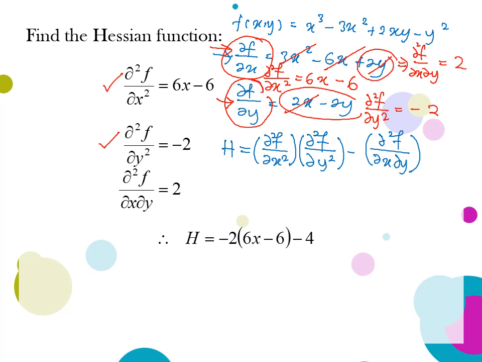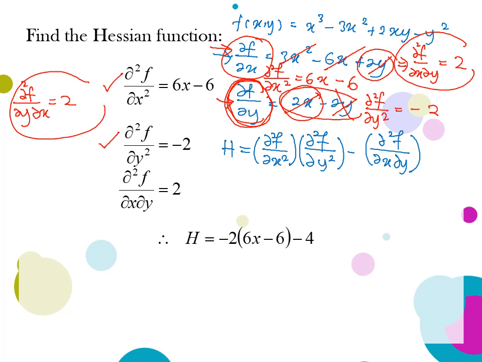Or if you choose to use this, you will get the similar answer as well, because del f del y is this 2x minus 2y. When you differentiate for x, you forget about this because this will be constant, so you concentrate on this, differentiate 2x, so we get 2, so they are equal. Just choose one, that will give you similar answers.